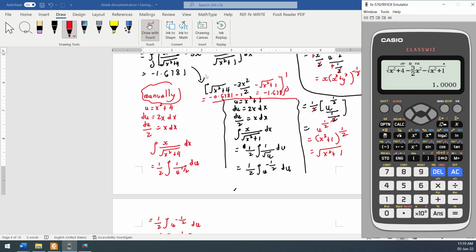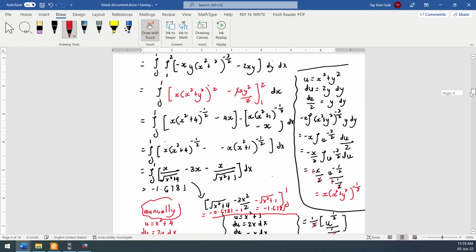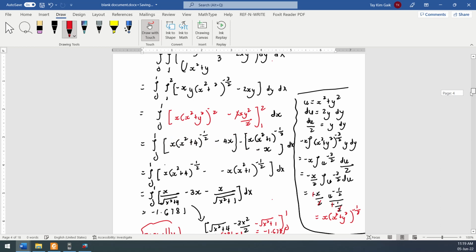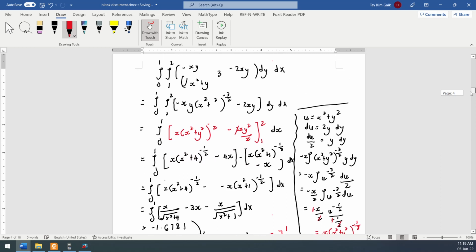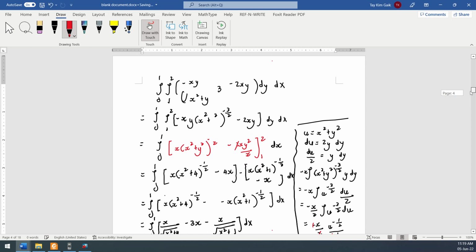Okay, this is integrating everything manually. Initially we show where we got this negative xy over (x squared plus y squared) to the power 3 outside.